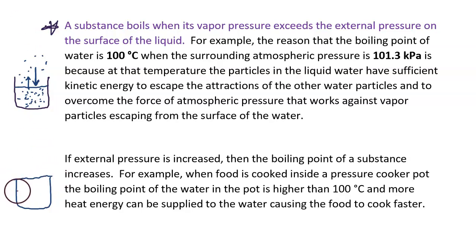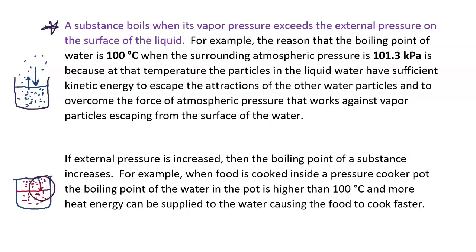Inside the pot, here is the surface of a liquid, and here's a bunch of particles of that liquid. As heat is applied, particles of the liquid will vaporize and start to fill up the space above the liquid. Those particles will press against that liquid, exerting vapor pressure. Because none of the particles can actually escape from the pot, as more and more heat is applied, there are more and more vapor particles pressing against the liquid.